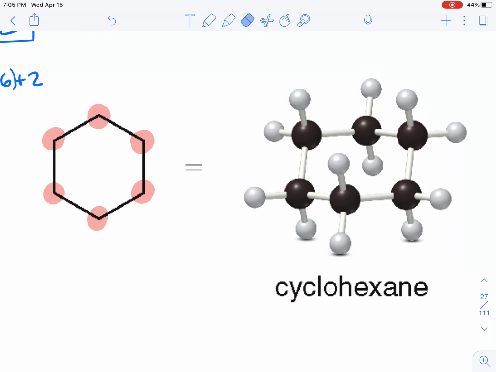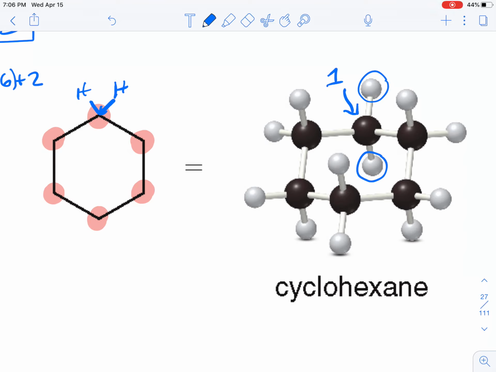So if I erase all of this stuff that I circled, notice that if I label this as carbon 1, just arbitrarily, that's going to represent this carbon, carbon 1. And carbon 1 has 1, 2 hydrogens attached to it. And so we have to remember that there are 2 hydrogens that are not shown in this skeletal structure.